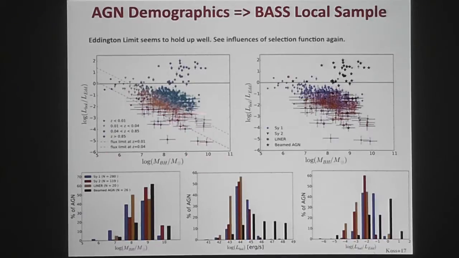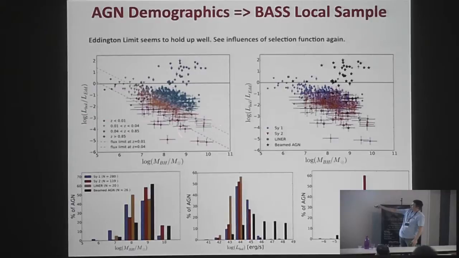You can see low accretion sources with high black hole masses much better than low black hole masses, because it's a selection effect. And then as you go out in distance, you go out in accretion rate in this sort of slice. And so you can see here the very high accretion rate sources are dominating at the very large volumes. And the mass range is also a little bit more limited.